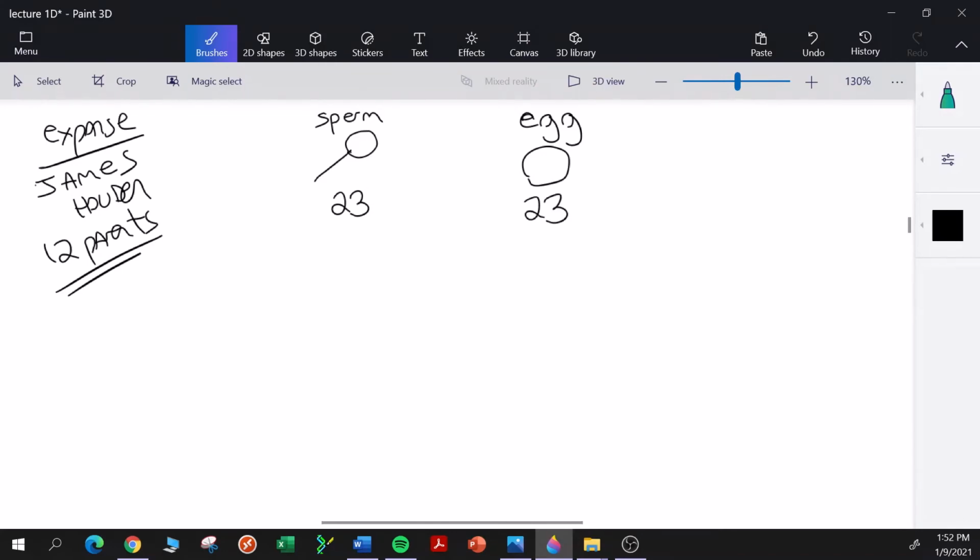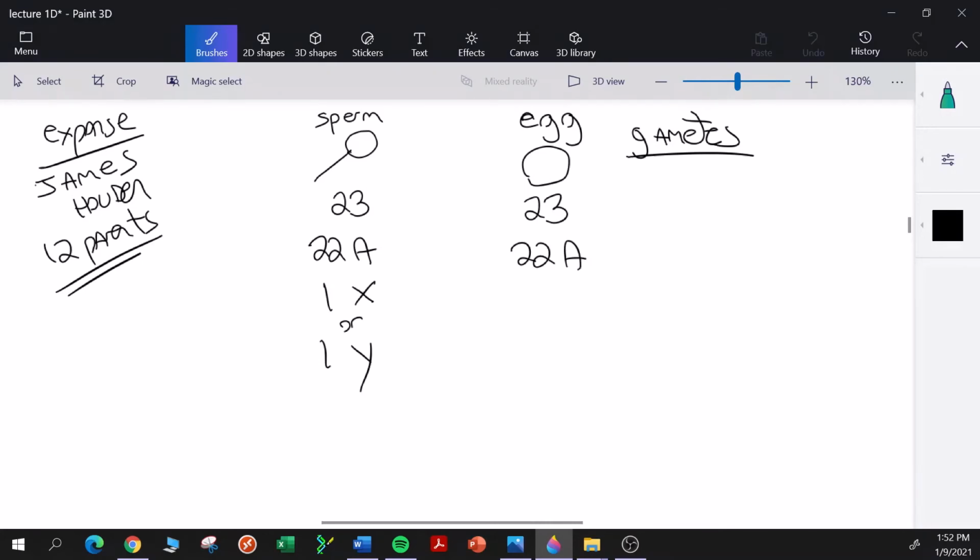And these are considered gametes, right? Sperm and eggs are technically called gametes. And of those 23 chromosomes, 22 are autosomes, and 1 is a sex chromosome. For sperm, it's either 1 X or 1 Y. And for eggs, 22 autosomes, so 1 copy of each of the human autosomes, plus 1 X.